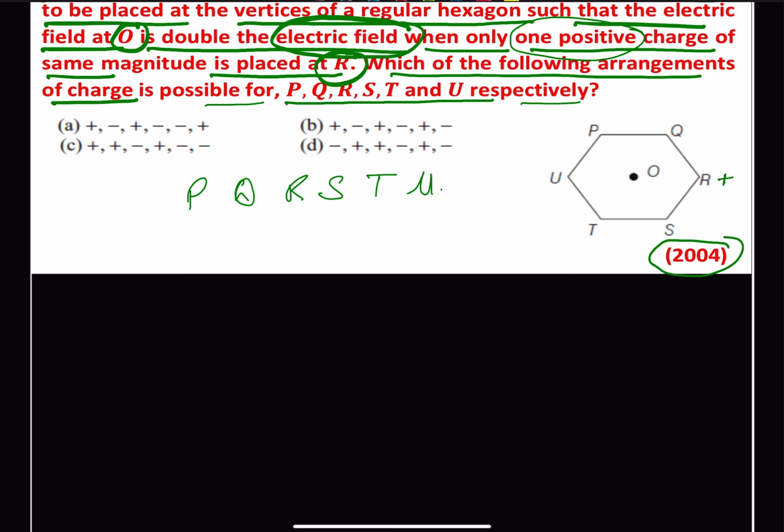And our R should be positive. It means third charge should be positive. So obviously this C option cannot be true.